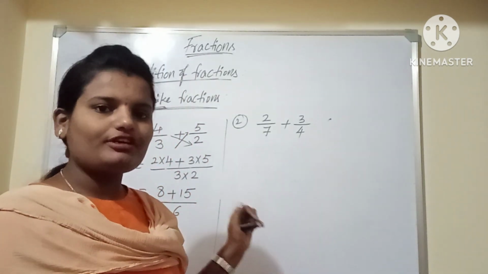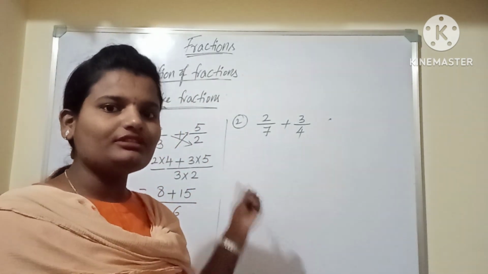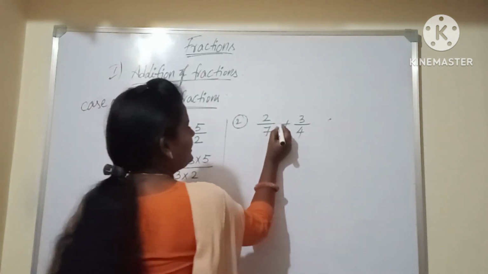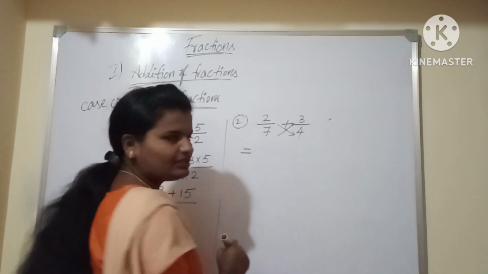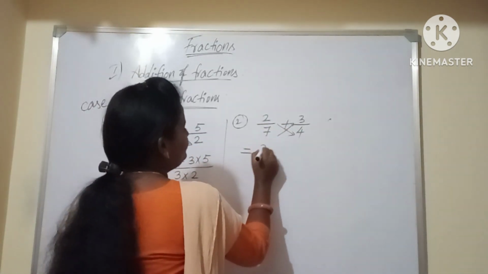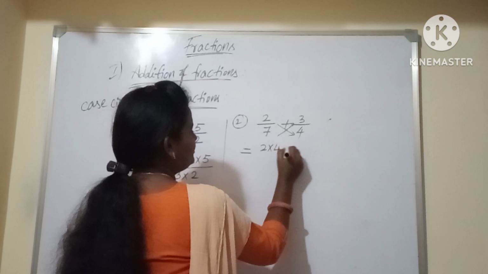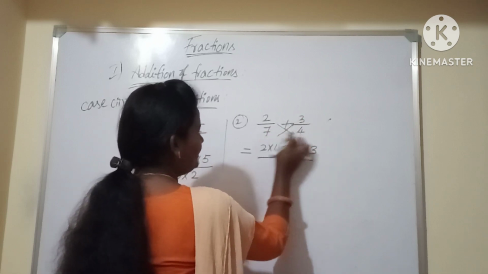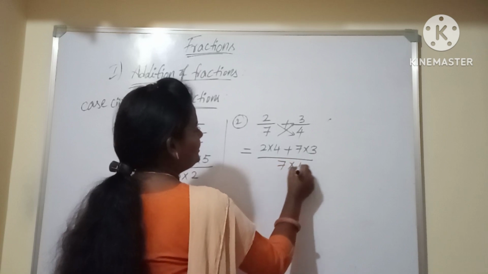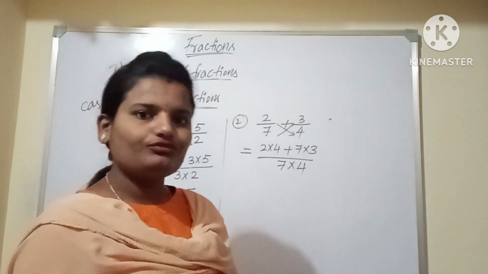Here also, the first step we have to do is cross multiplication. 2 into 4 plus 7 into 3, divided by the denominators multiplied, 7 into 4.